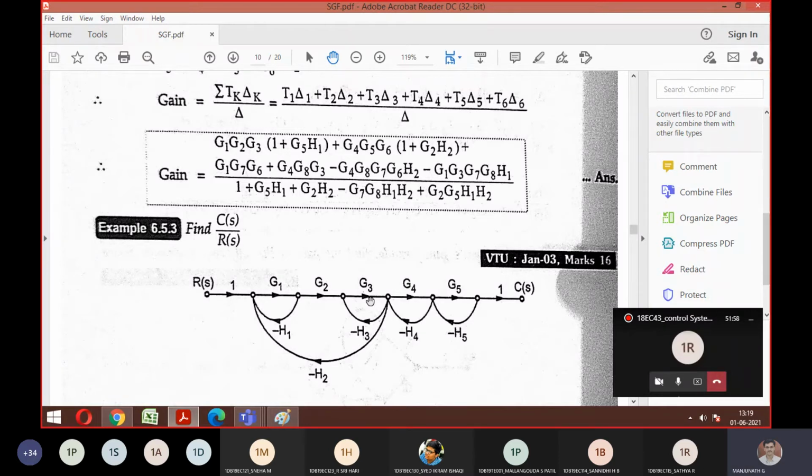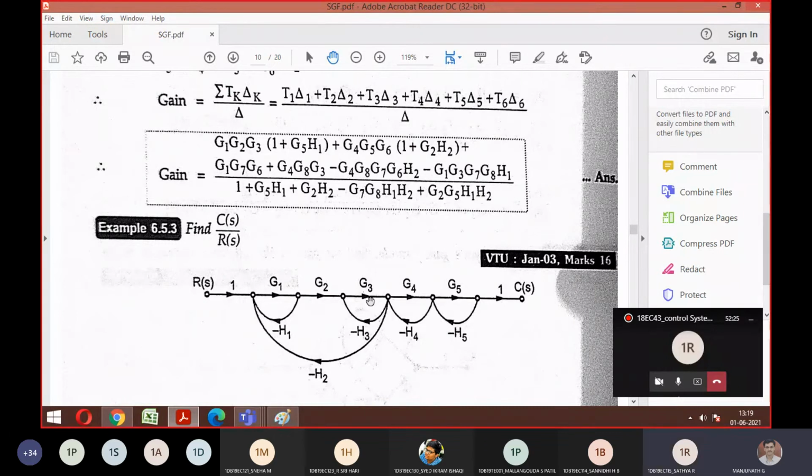So first condition, I'm not going to write anything. You should explain. How many forward paths do you have? One, sir. Only one. Sure. Yes, sir. So that is a straight path: G1, G2, G3, G4. Is it so?